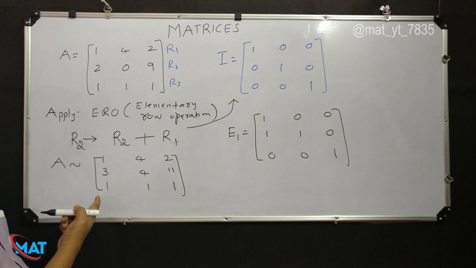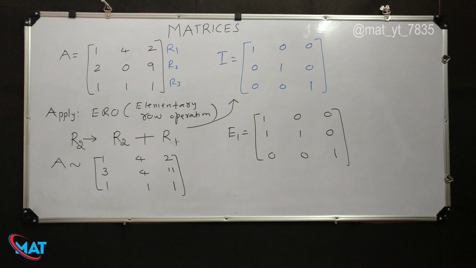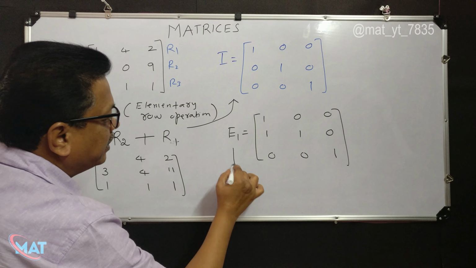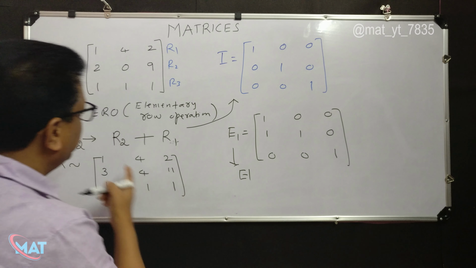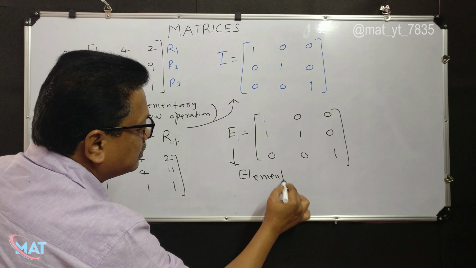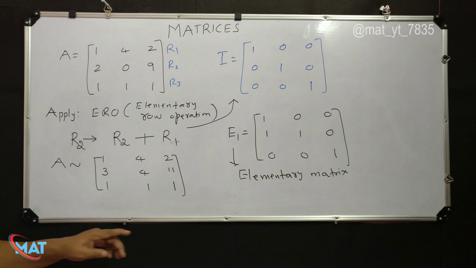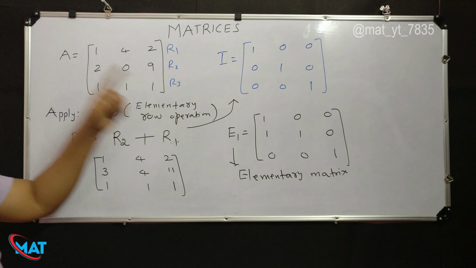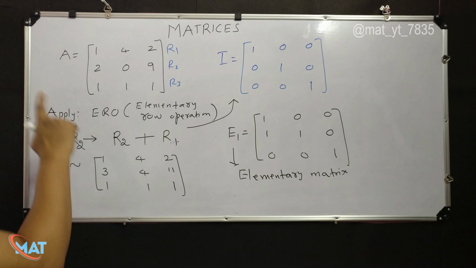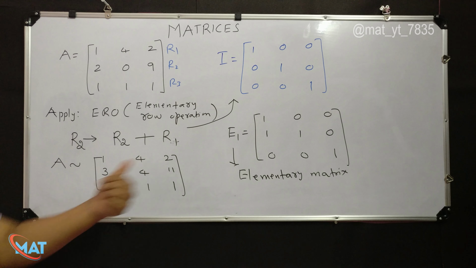The same matrix will be obtained by multiplying E1 and A. Because we operated the row operation on this ID matrix, it is called elementary matrix. So by multiplying E1 and A, first E1 and then A, let us see what is going to happen.